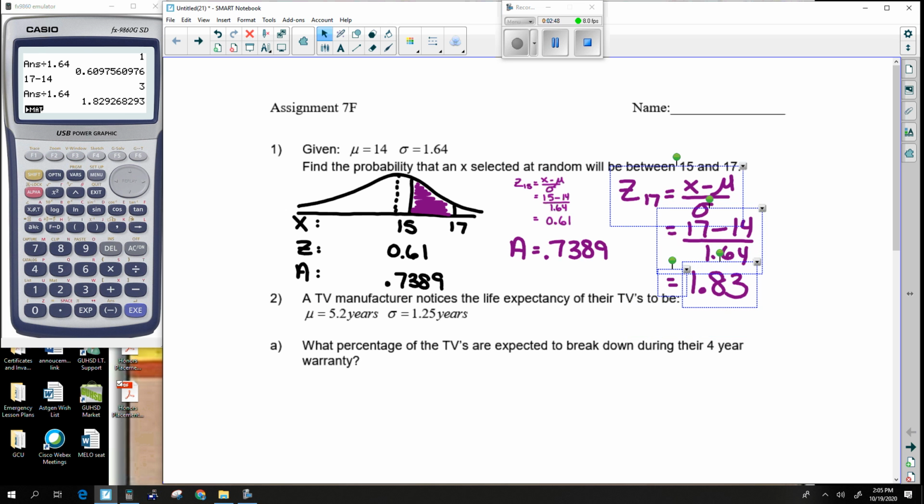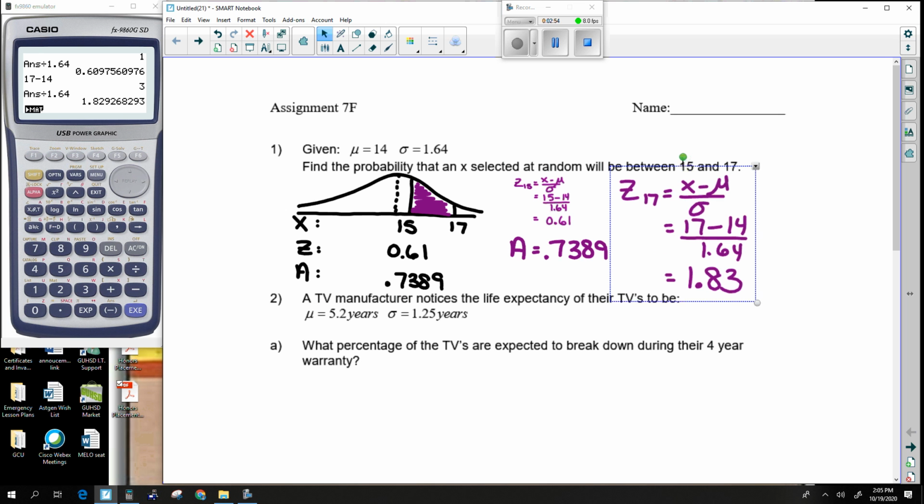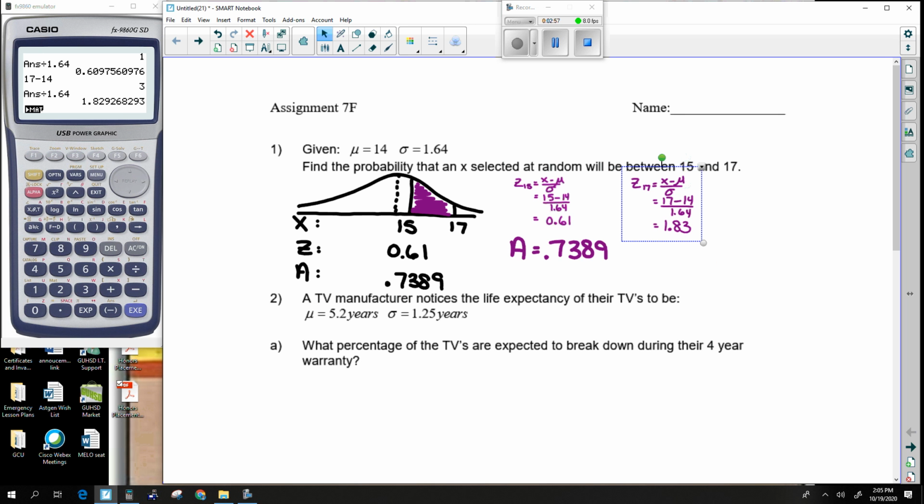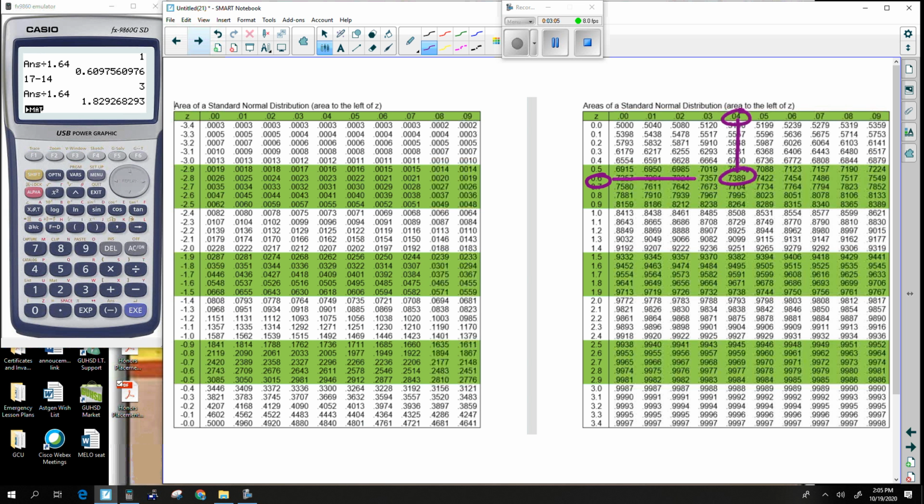Don't accidentally get this wrong because you don't know how to round numbers. Z's go to 2, everything else in the universe goes to 4 decimal places. And so the area associated with 1.83 is going to be 9664.